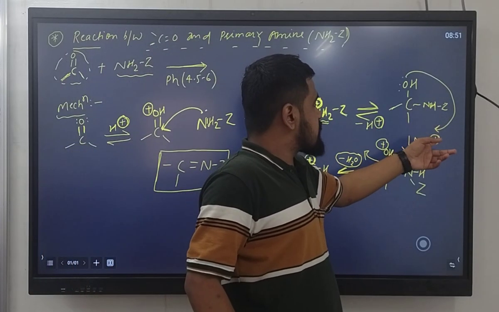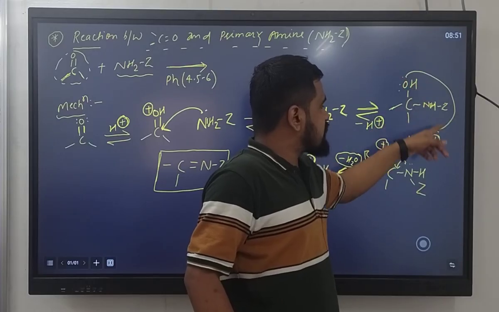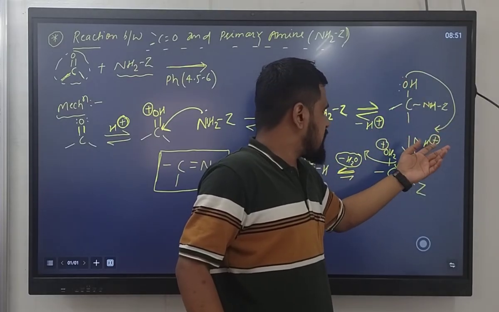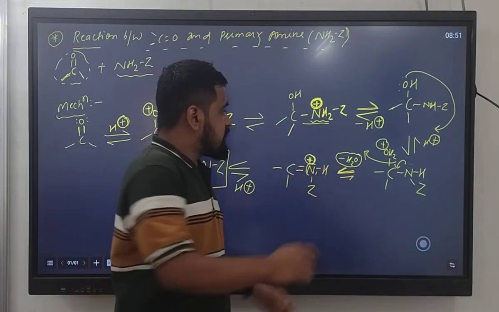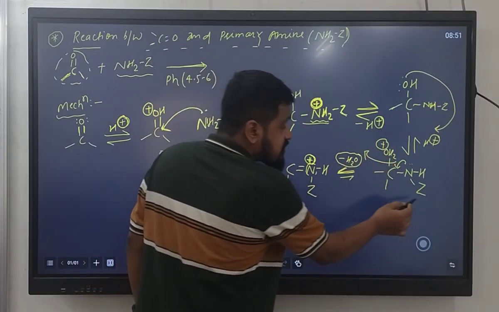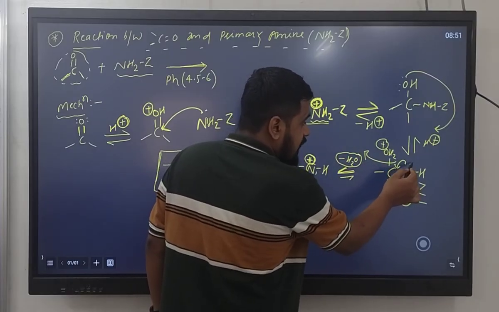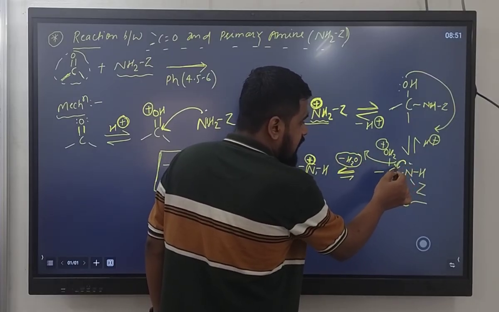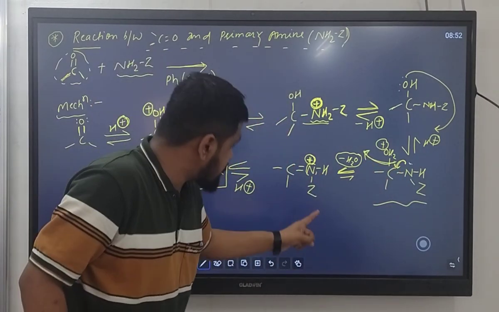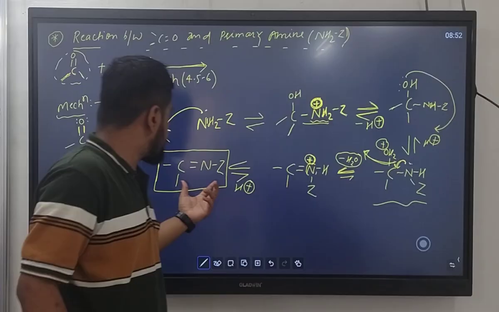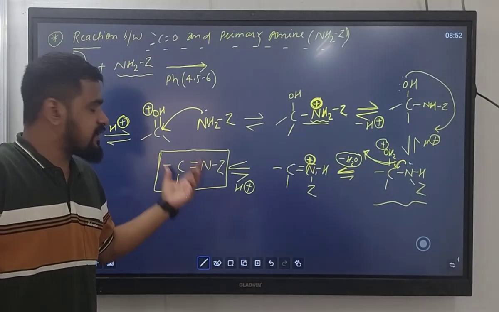Then OH minus attacks and protonates, and water acts as a leaving group. This step is most important. Again nitrogen donates its lone pair to this carbon and water leaves, and finally H plus is released and you get the final product.